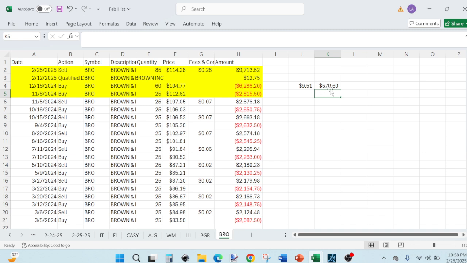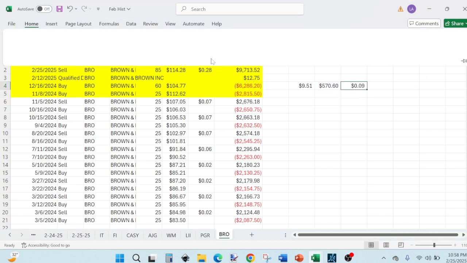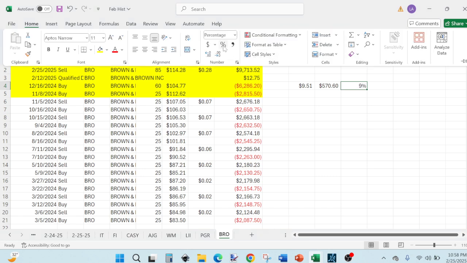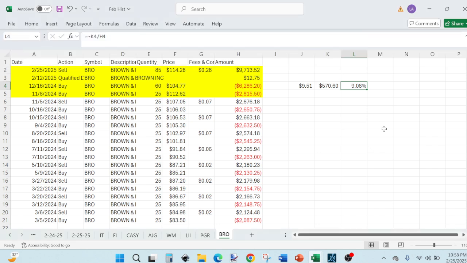And the return on that, it will try to show it as a negative, so I'm going to add a negative there, so we can divide that by this amount, and we can try to add this to it. So that is about a 9% return just by taking the profit divided by the cost, what it costs us.